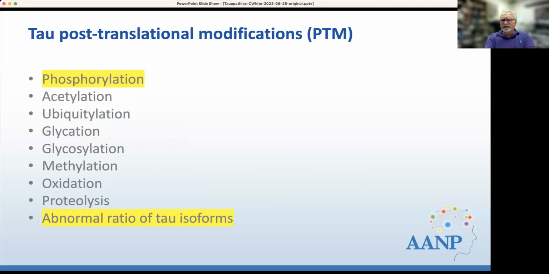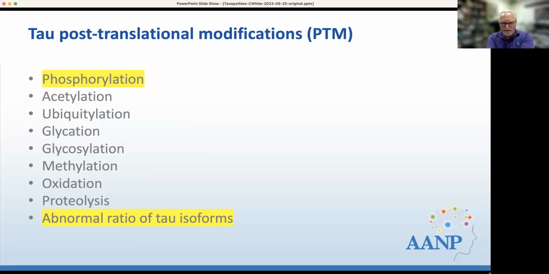There are a lot of post-translational modifications that can occur on the tau molecule. Most importantly, phosphorylation, which can, again, not only be important in the modulation of tau and its physiological functions, but also can be present in aberrant or excessive amounts in most of the tauopathies.